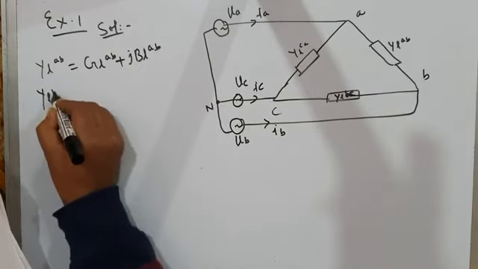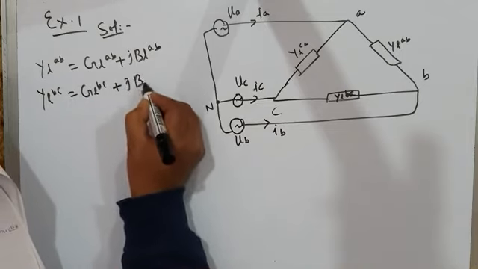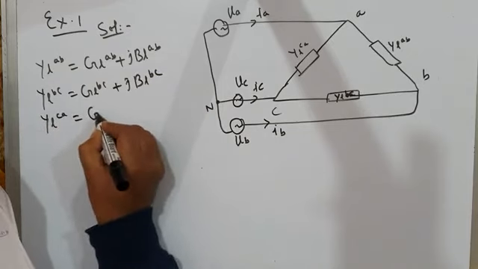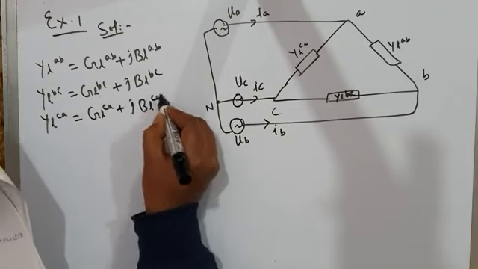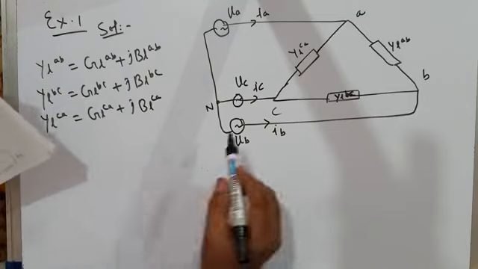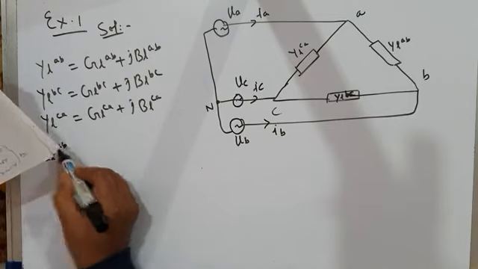Similarly, YLBC is equal to GLBC plus JBLBC, and YLCA is equal to GLCA plus JBLCA.